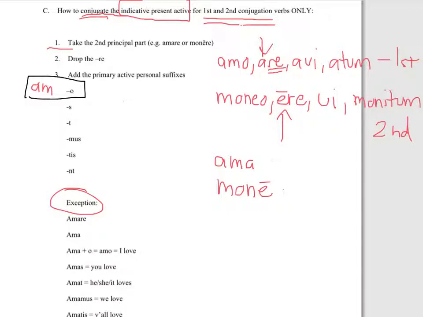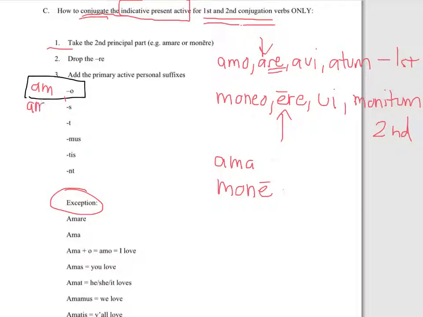So the AMA, which is what it should be, turns into AMO. That's the only exception you have to know so far. And that's good for a language. Languages have many exceptions, sometimes a frustrating amount, but so far Latin has been pretty consistent for you.